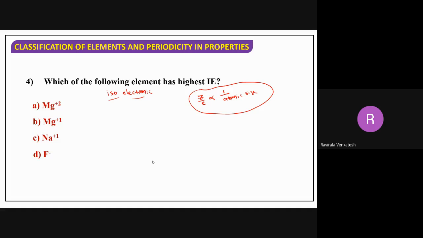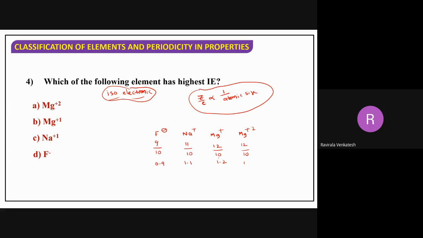This Z by e ratio is inversely proportional to atomic size. So I write: F minus, sodium plus, magnesium plus, and magnesium 2 plus. First write the Z by e ratio. The atomic numbers are 9, 11, 12. Now what is the e value? It is 10 only, because they are isoelectronic and have the same 10 electrons. So the values are 12 by 11.